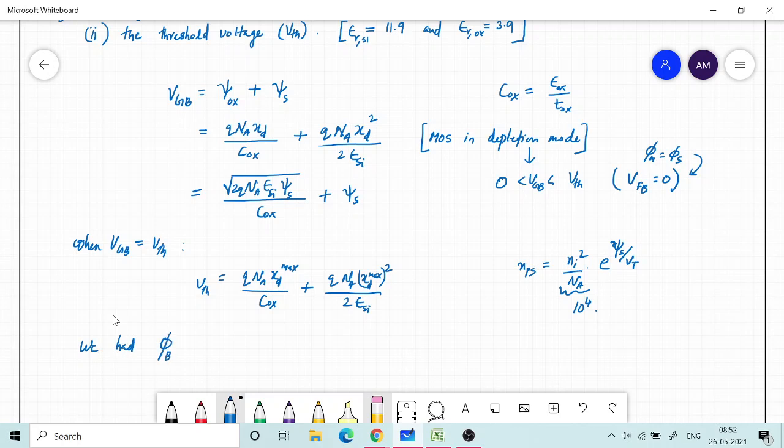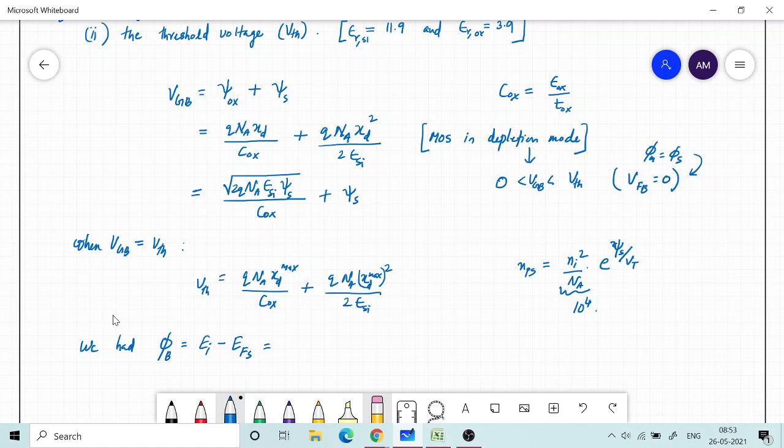Phi b is what? In the bulk, if you take Ei minus Ef, that is called phi b, and we have evaluated this. How much was the value? Anybody remember? Let me check. We got it as 0.35 volt.